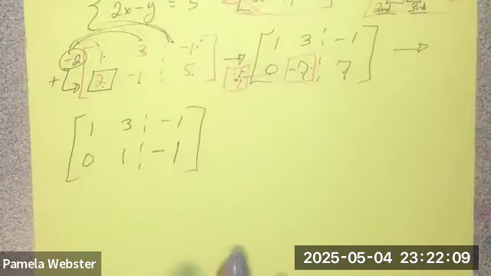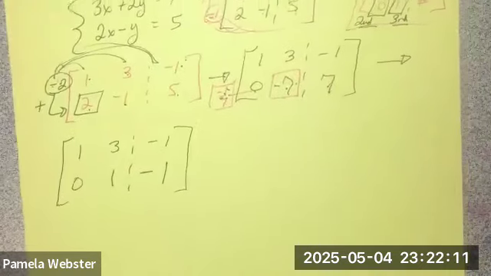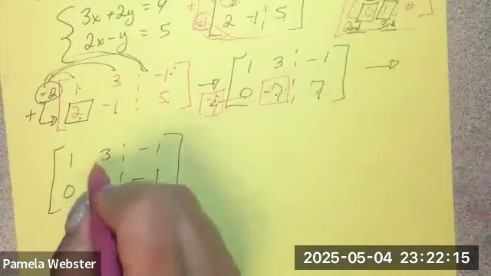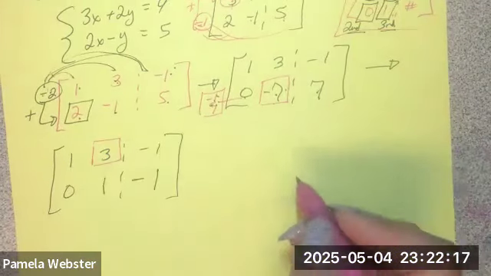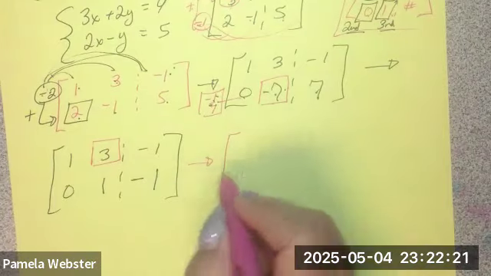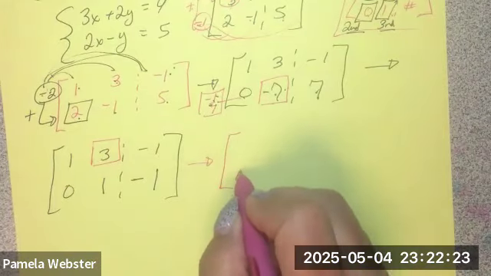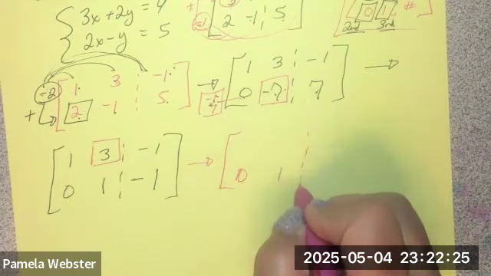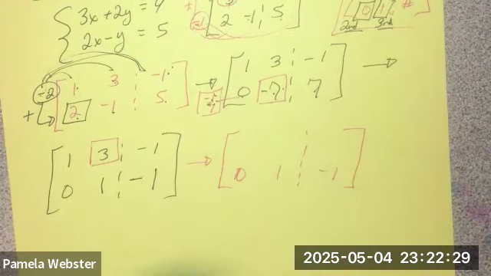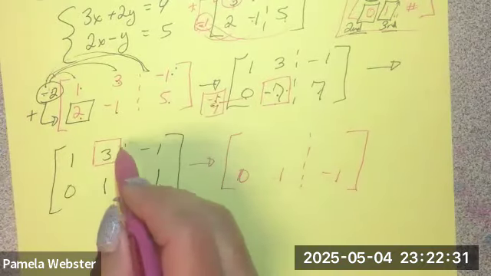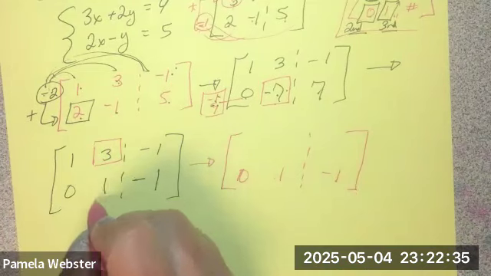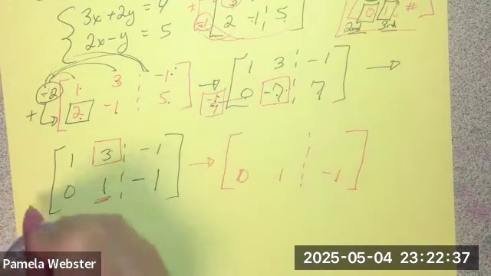Okay, so this is starting to come together nicely for me. My last thing, I got the 1, the 0, the 1, the 0. Last thing is I want this guy to be a 0. Okay, the bottom is exactly what I want it to be. So I'm going to rewrite it here, 0, 1, -1. And again, I'm trying to make a 0, so I'm probably going to multiply this by something and add it up.